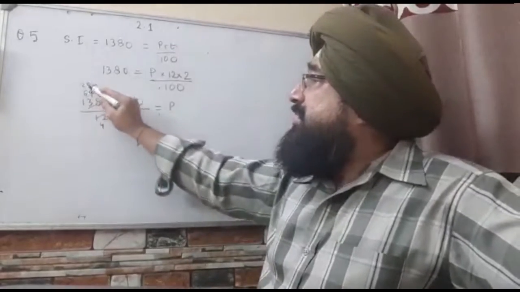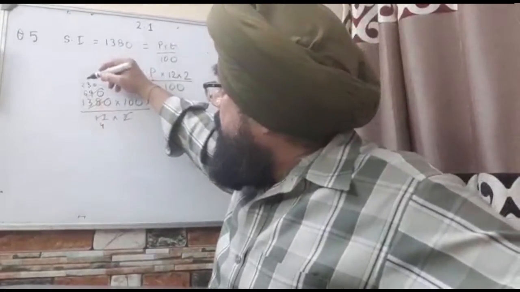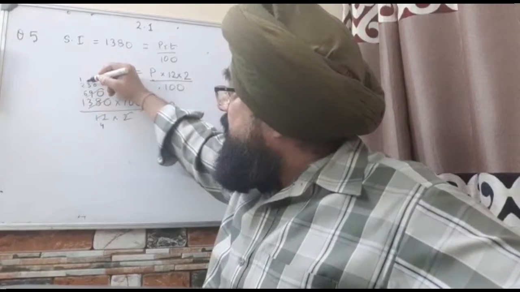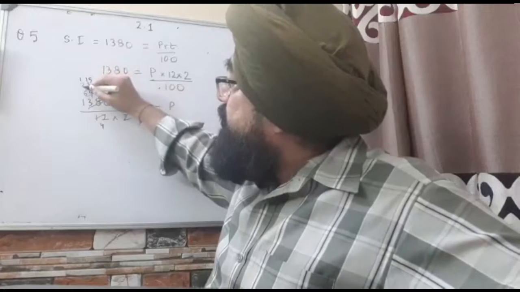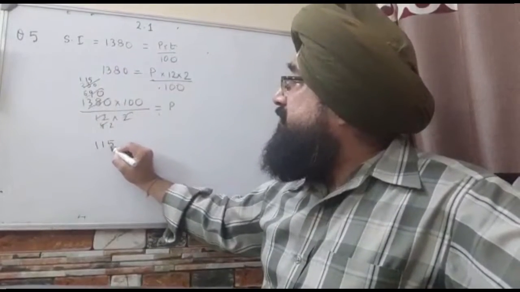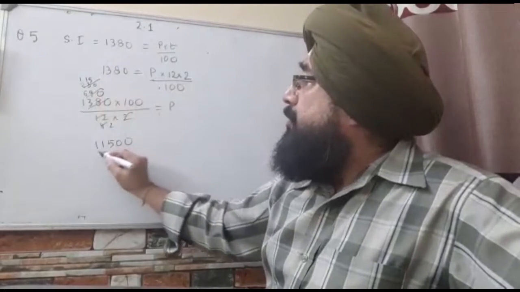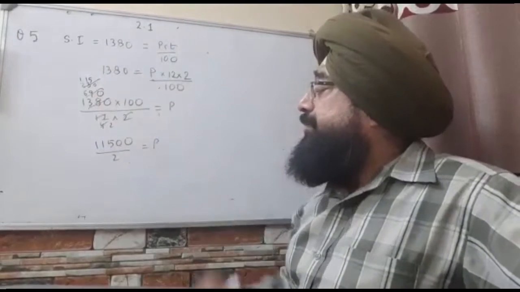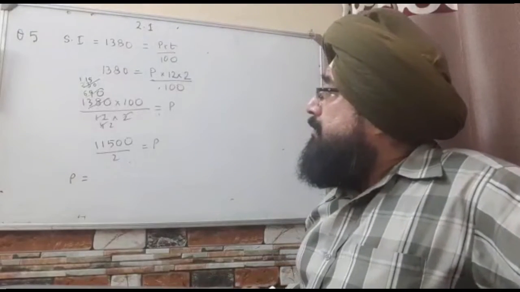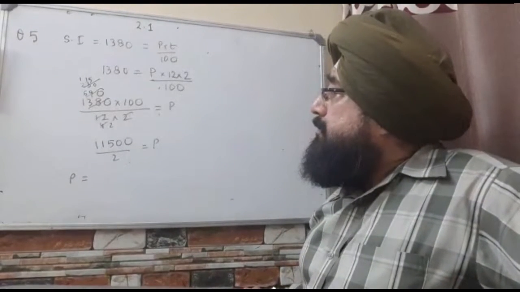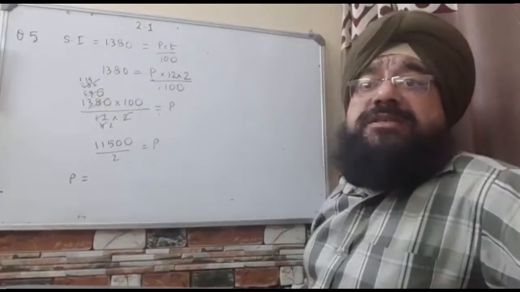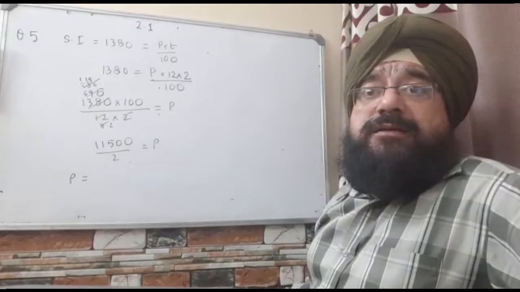So 2 1s are 2, and 2 5s are 10. It becomes actually 115 into 100 over 2 is equal to P. You haven't cancelled it by 100? Because multiplication is easier. 115 into 100 multiplication is easier, so I have not cancelled.